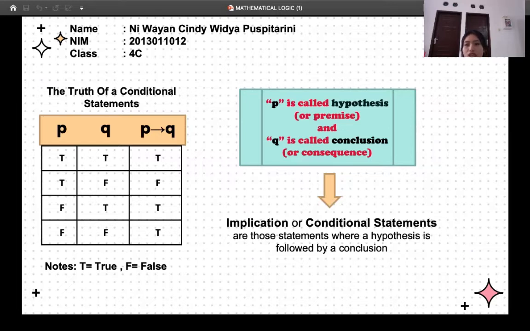But the point we need to understand in this truth table of conditional statement is when P is false, it doesn't matter what the truth value of Q is, P implies Q is always true.